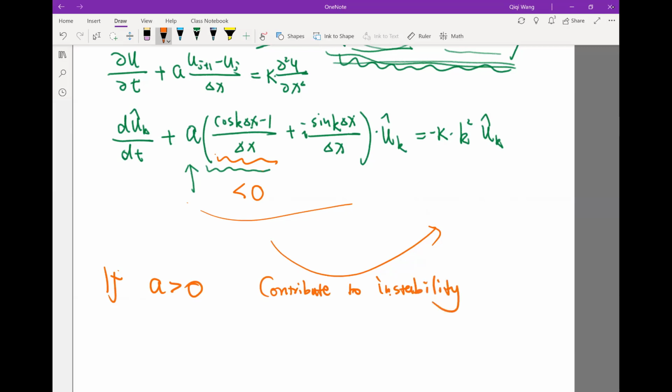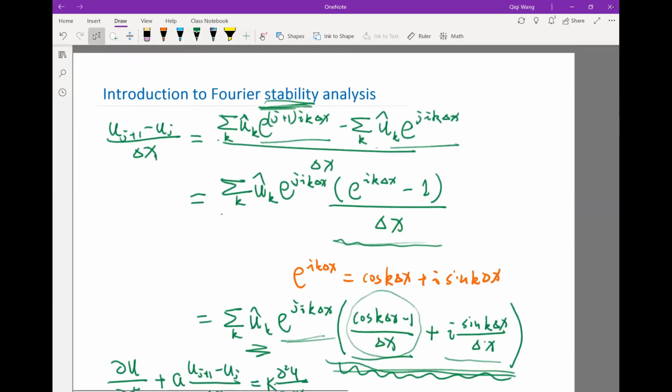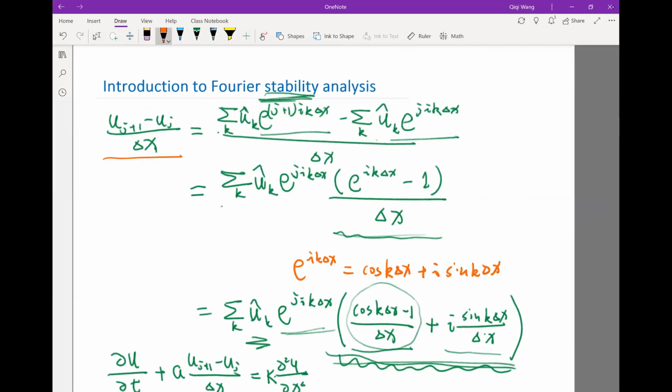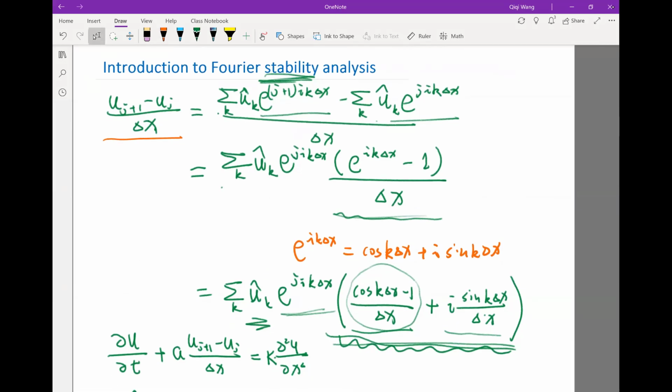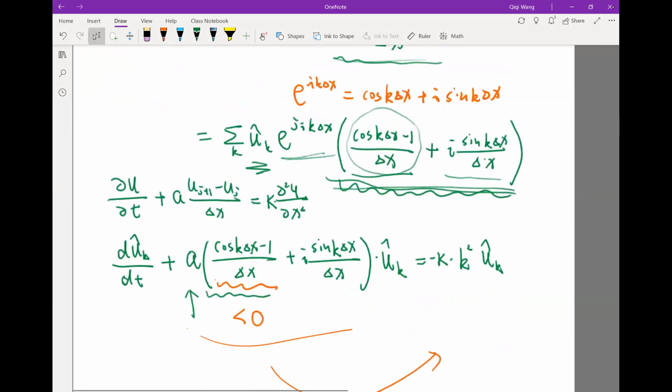And that is why you don't want to use this kind of right biased derivative, right biased finite difference, or for that matter, a right biased finite volume or even finite element when you are discretizing a linear advection equation with a positive wave speed.